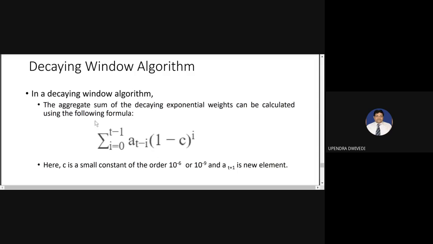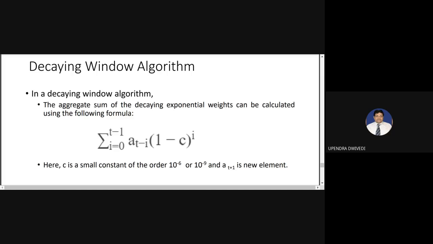In the decaying window algorithm, the aggregated sum of the decaying exponential weight can be calculated using the following formula. Here i represents the incoming element inside the data stream, where t is your timestamp. So t minus i represents the element at the current time.